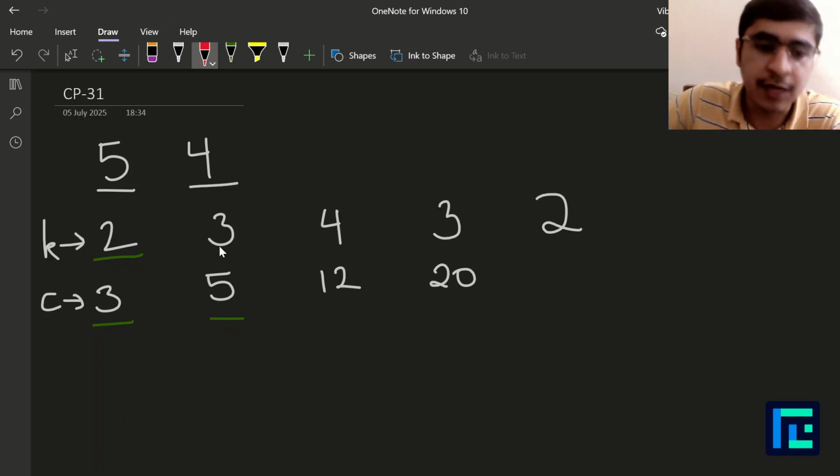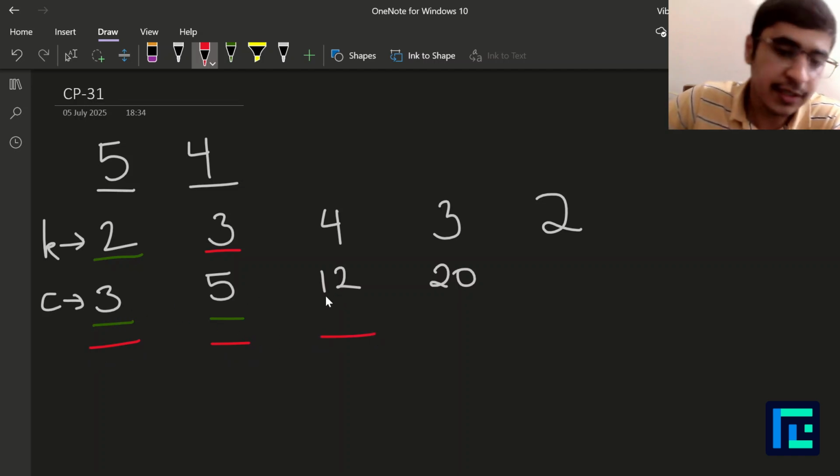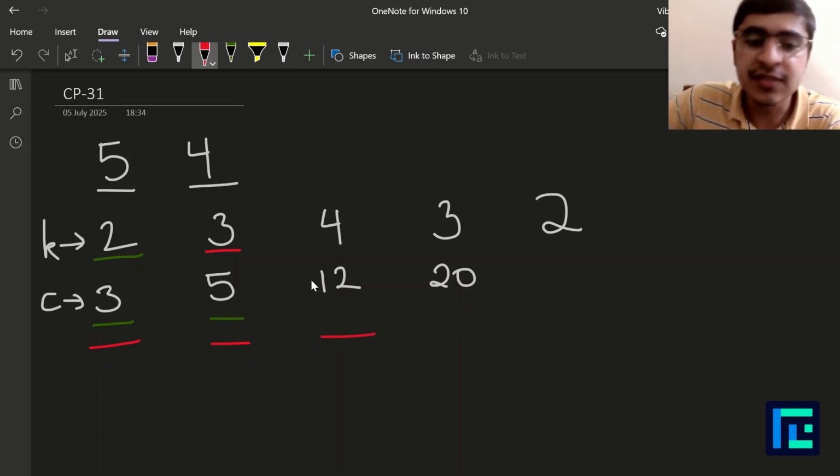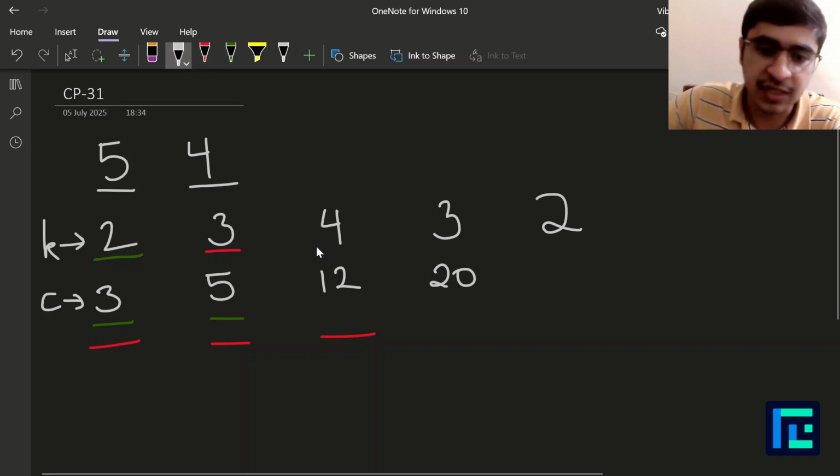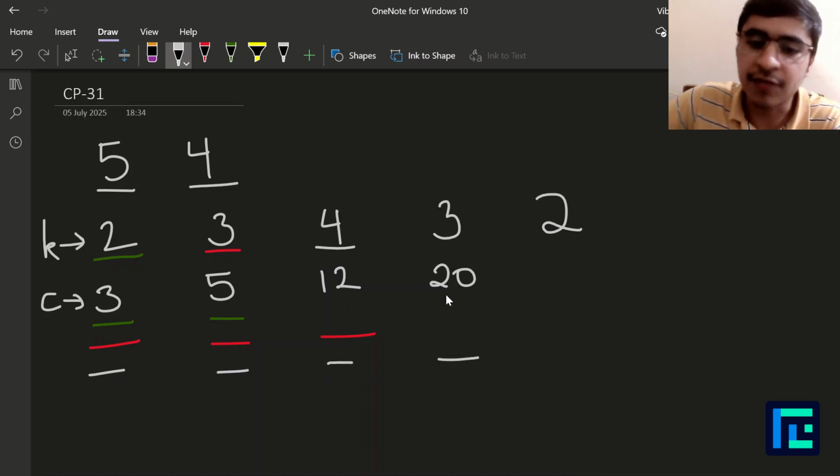Similarly, if you look at the second person, the value of ki is 3. So I can either buy the first, second, or third present, that is C1, C2, or C3, or I can give him C3, right? Because ki is 3, I can give the person $12 directly. Then if I look at the next person, that is 4, then I'll have all 4 options, or I can give them $20, that is Cki dollars.